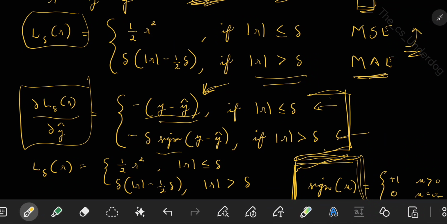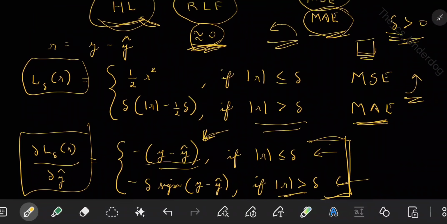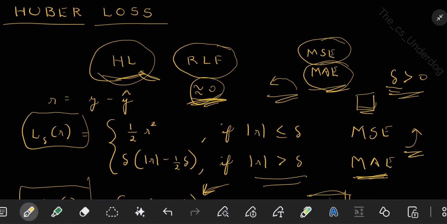You are only considering the sign of error. You are not considering magnitude. That means whenever mod r is greater than delta, whenever the error is larger, you are only going to consider the sign of the error. That means it is always plus or minus delta that is going to be the gradient, right? So this is where it is not going to penalize larger errors heavily.